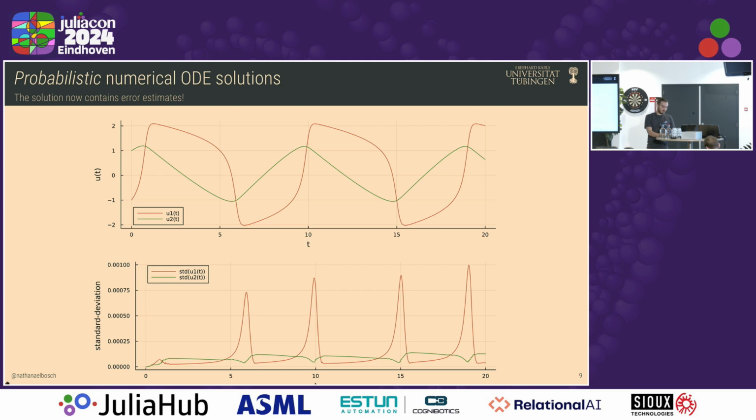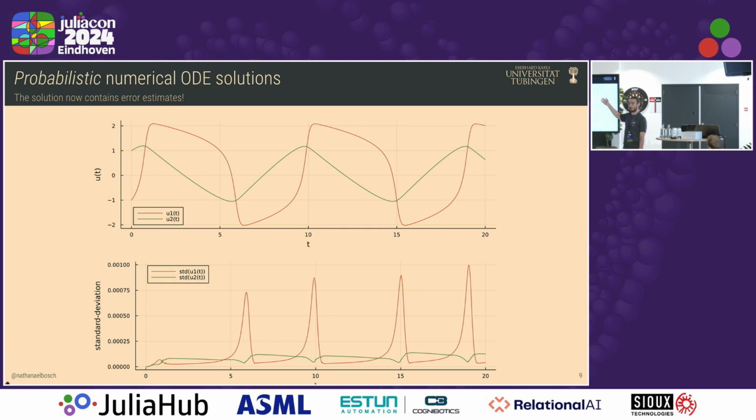All right. And so what do you get when you do this? This is, I think, from the README of the package. When you solve an ODE with these methods, and I will show you how, this is a FitzHugh-Nagumo ODE, one of these standard problems. Then you get your standard ODE solution, u of t, as it's typically called in the SciML context.